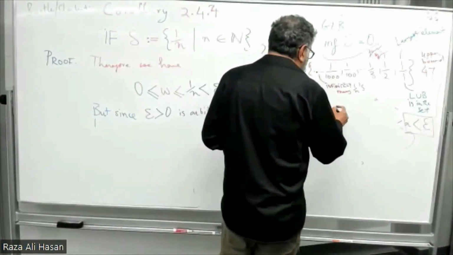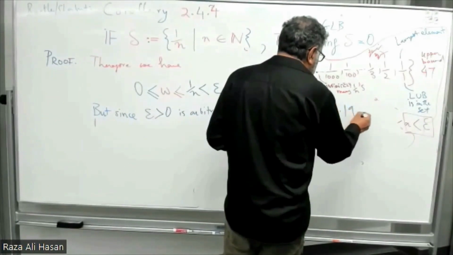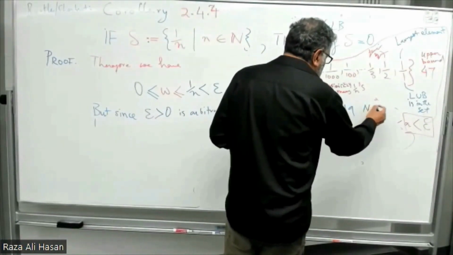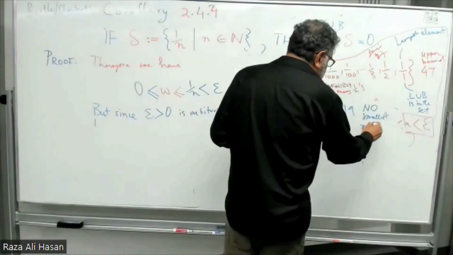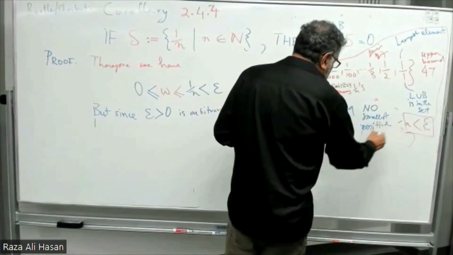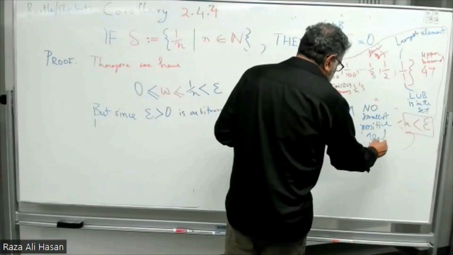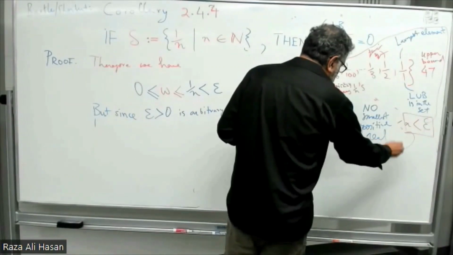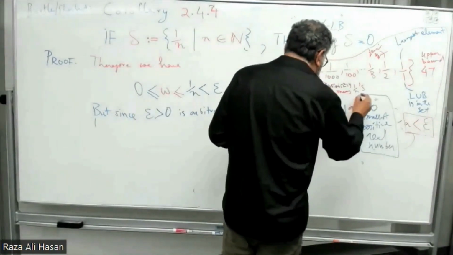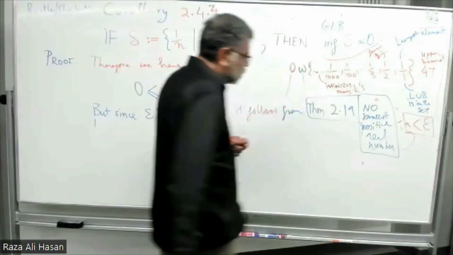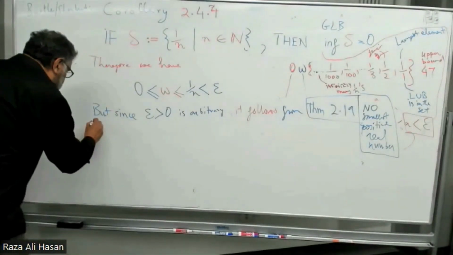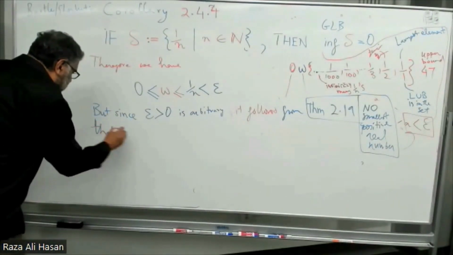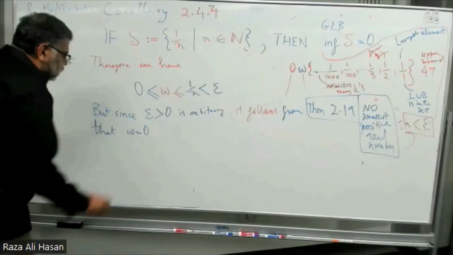Theorem 2.19, no smallest positive real number, that W equals 0.